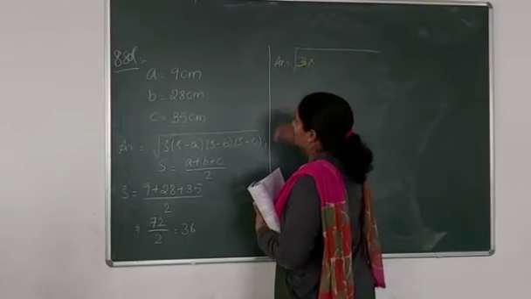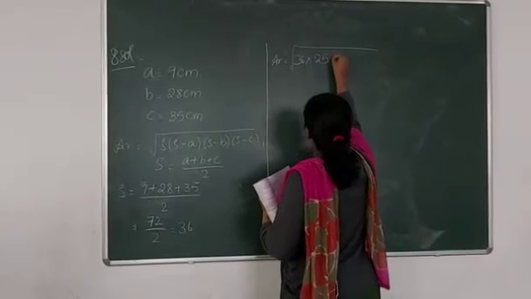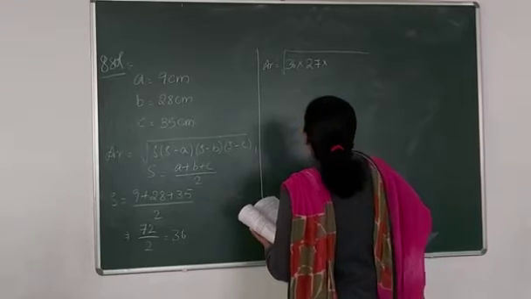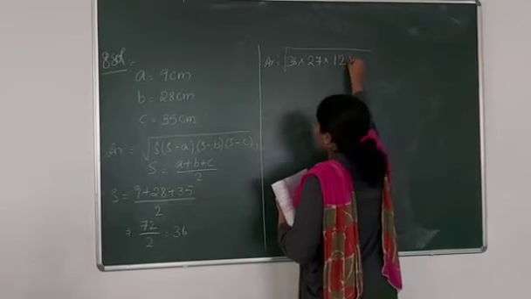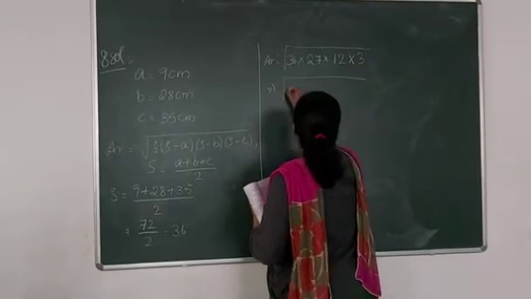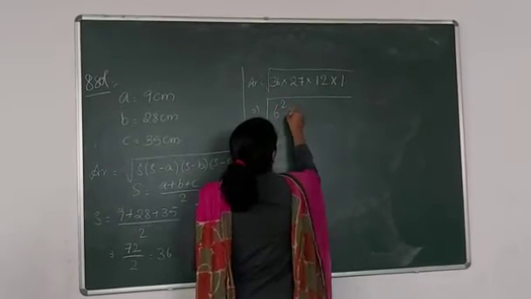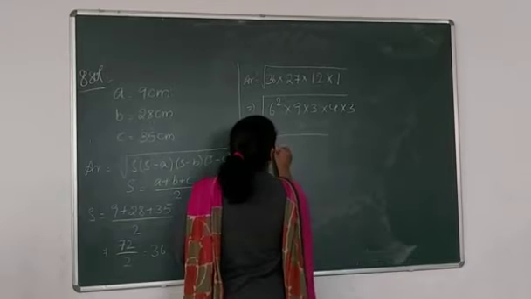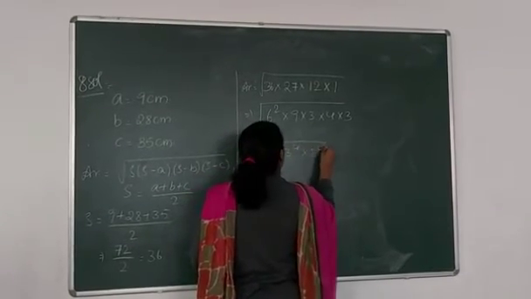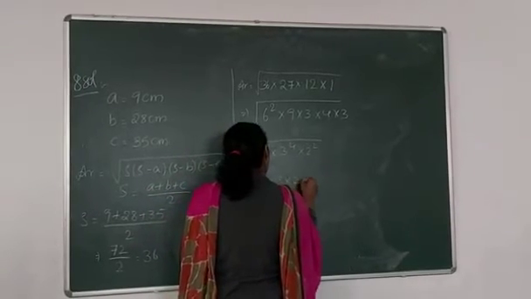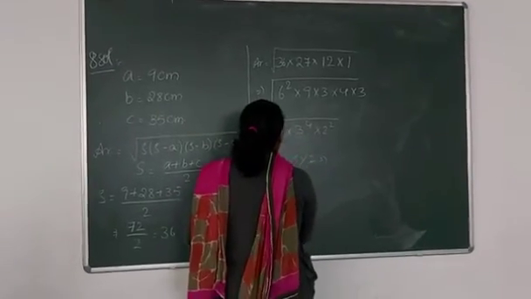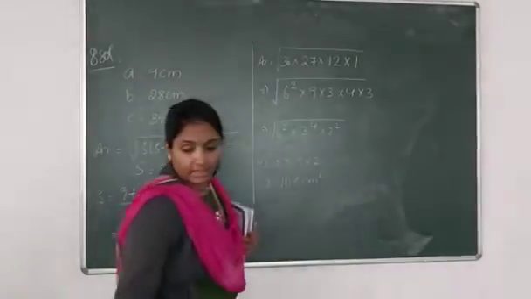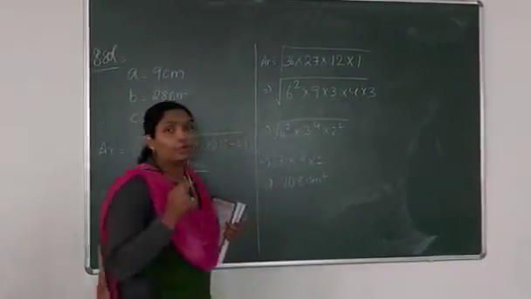So 36 into (36 minus 9), which is 27, into (36 minus 28), which is 8, into (36 minus 35), which is 1. Simplifying, we get the area as 108 centimeters square. Now we know the entire value of each tile, right?